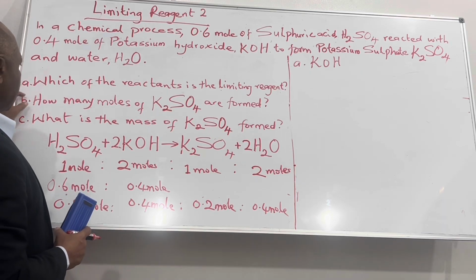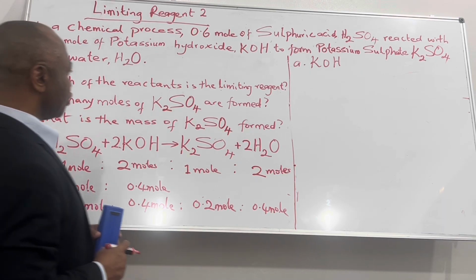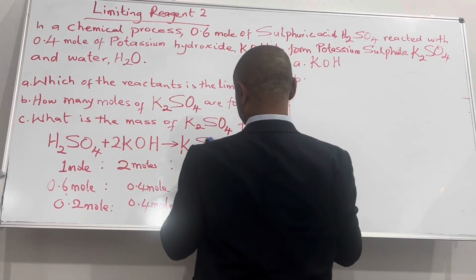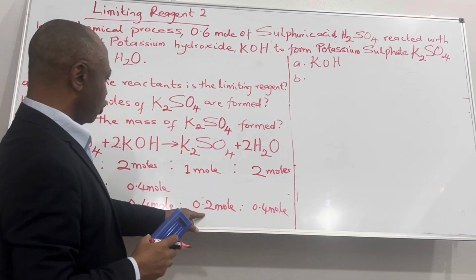So the second question, how many moles of potassium sulfate are formed? 0.2 mole.